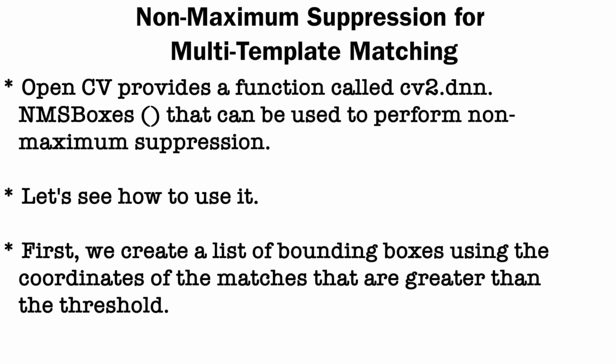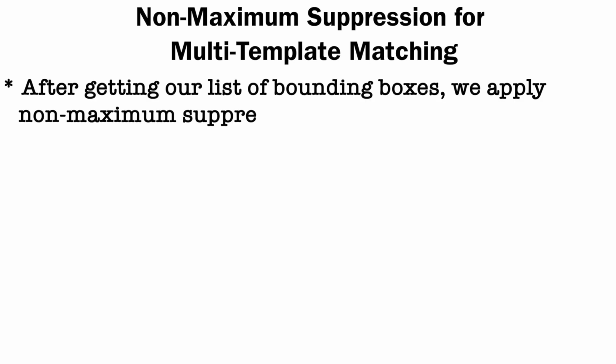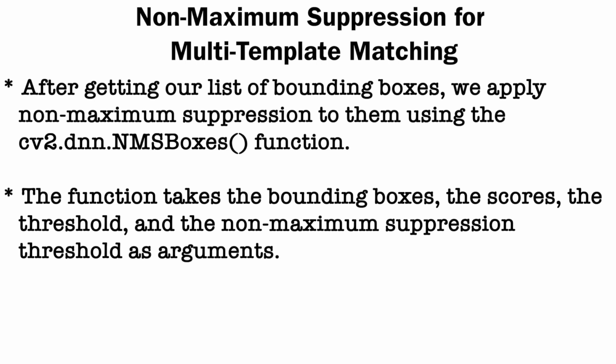First, we create a list of bounding boxes using the coordinates of the matches that are greater than the threshold value. After getting our list of bounding boxes, we apply non-maximum suppression to them using the cv2.dnn.NMSBoxes function.